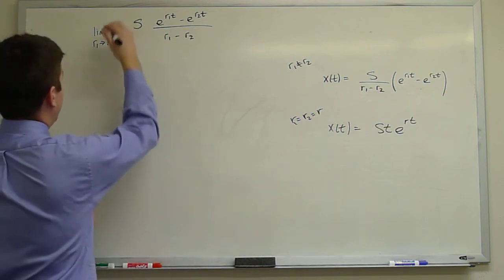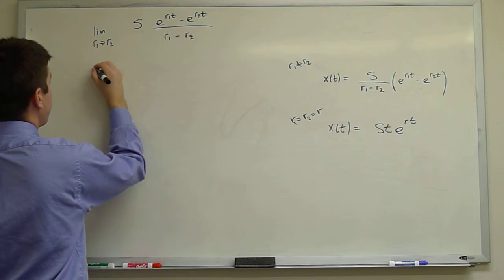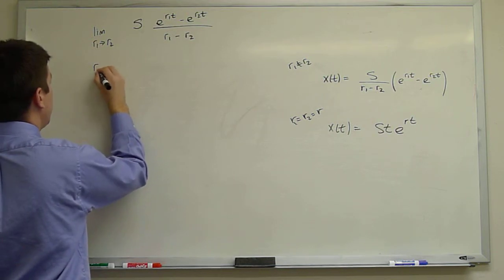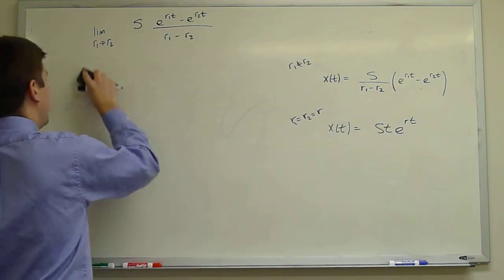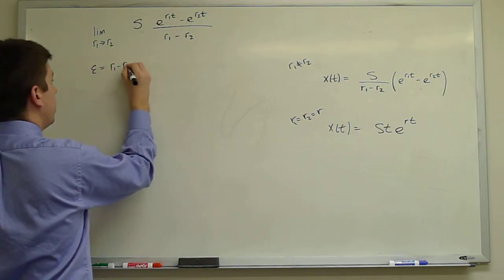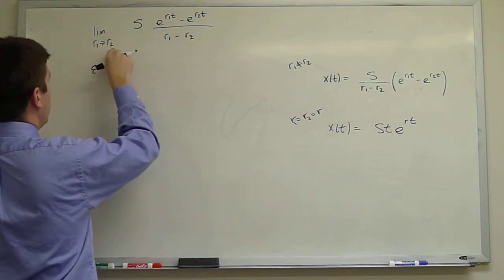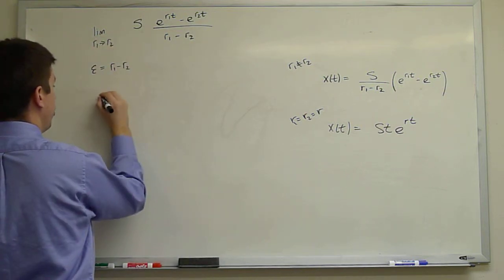I like to do a slight change. I like to say that epsilon equals R1 minus R2. And so as R1 approaches R2, epsilon goes to 0.